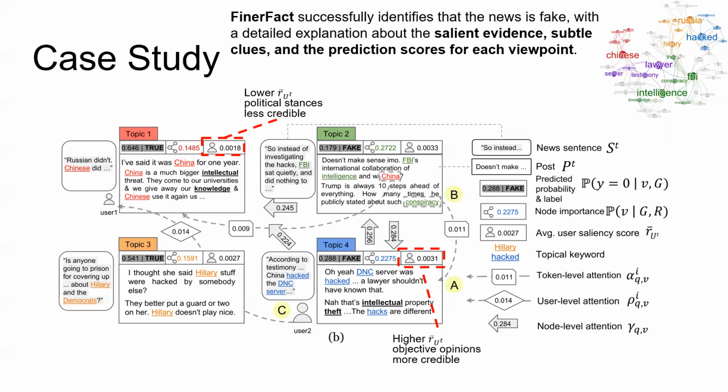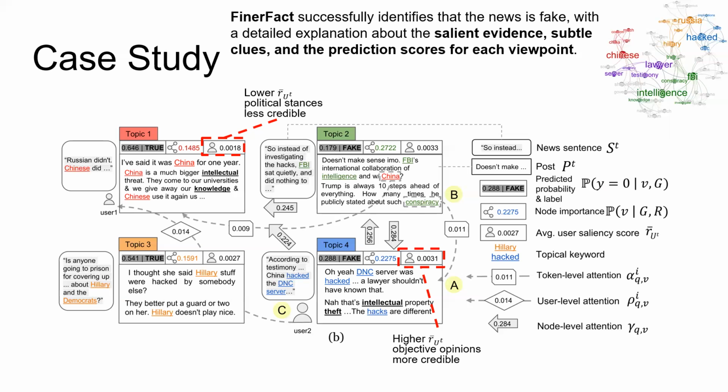Then if we observe other evidence nodes, such as topic 2, this evidence node predicts the news to be fake, and the node importance and the average user salience are relatively high.